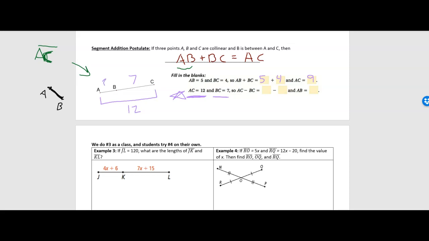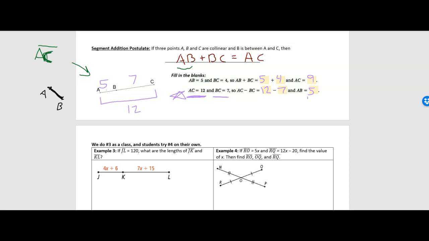So we need to find AB. Well, obviously this would just be a subtraction problem. If I take away 7 from 12, all that's left is going to be 5. So AC minus BC would be equal to 12 minus 7, and AB would be equal to 5.